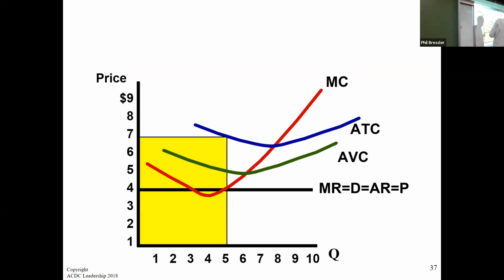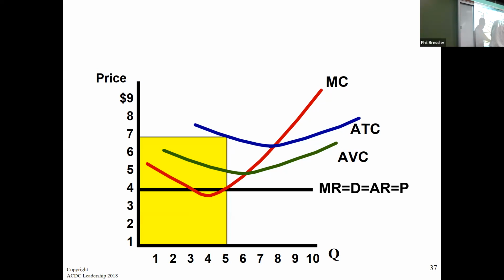But let's look at how this comes out. Now, Teddy, if I stay in business, what is my total revenue? 35, right? 7 times 5. We did the wrong one.